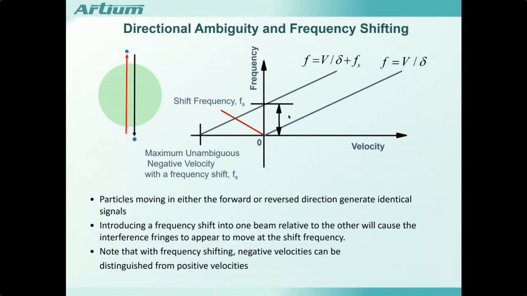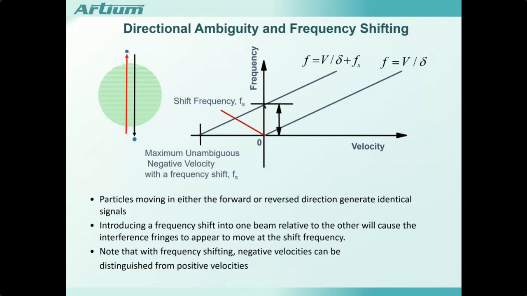Shown on this plot, if we have a velocity that's positive, we could have a positive frequency, but a negative particle will have the same frequency, and so there's no way to resolve that, except if we introduce a frequency shift. So we have a mechanism, which I'll show you in a moment, that causes the fringe pattern to move by shifting the frequency of one of the beams.